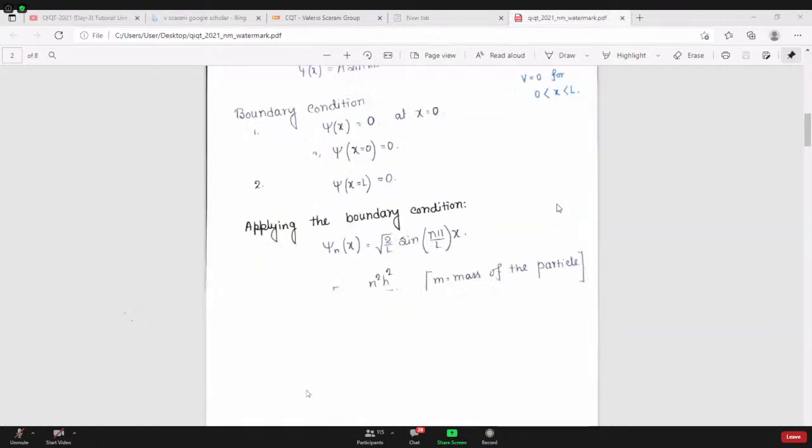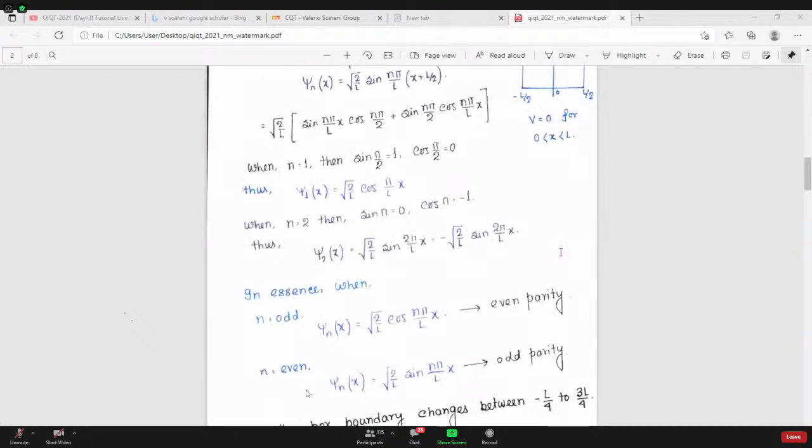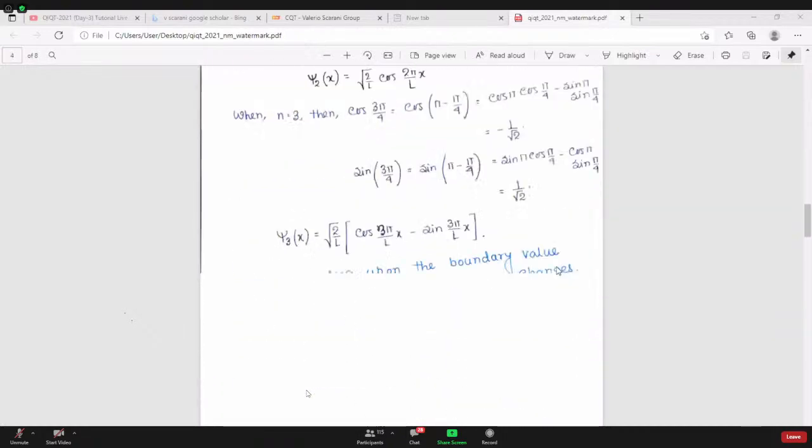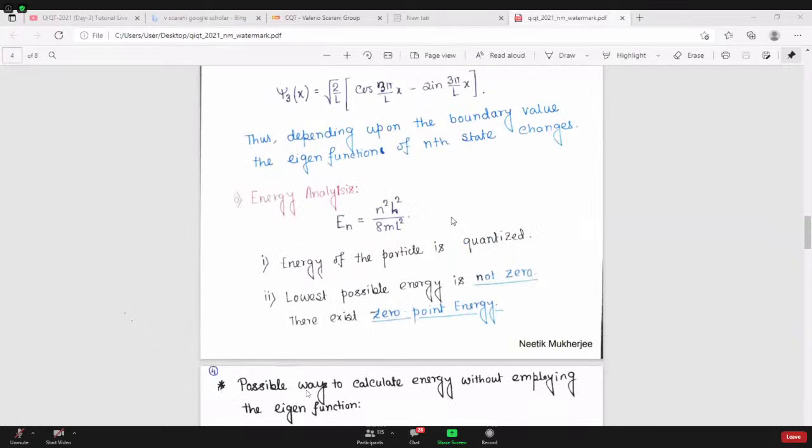Now we move to calculate its energy. Okay. The energy expression is very simple. The energy value is n square h square by 8 m L square, where n is the principal quantum number, m is the mass of the particle, L is the box length. Here, the point you asked previously, that we are shifting the boundary, so only the origin is changing.